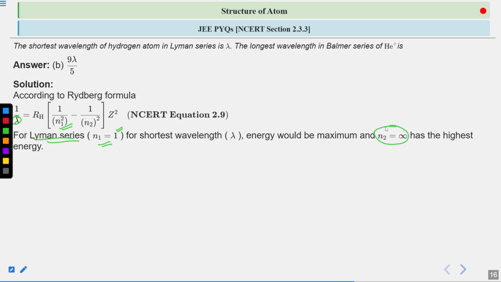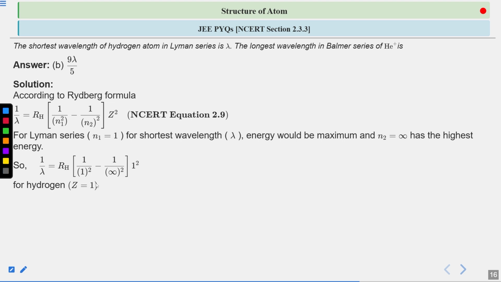Now if this is true, just put them in the previous equation. Take z as equal to 1, since we are worried about the hydrogen atom. Now this value is already taken as lambda, and it is also given as lambda. We represent wavelength by lambda, and we take it also as lambda, therefore I have kept it lambda here.